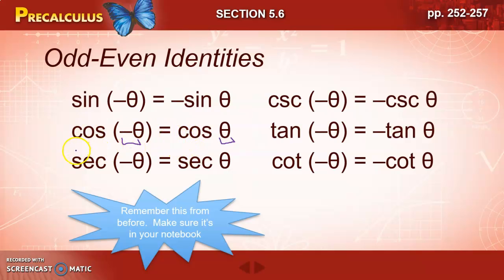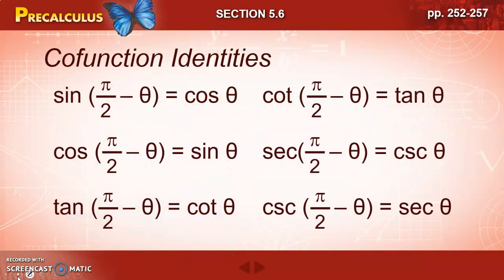So you can see that cosine and secant are our two even identities, and sine, cosecant, tangent, and cotangent are all odd identities. So remember this from before. Make sure that you have it written down in your identities. It is on page 255 as well. But cosine and secant are the only two even identities.